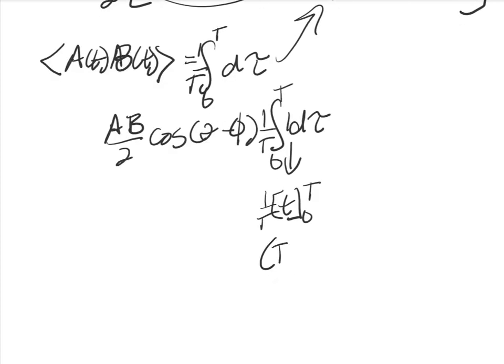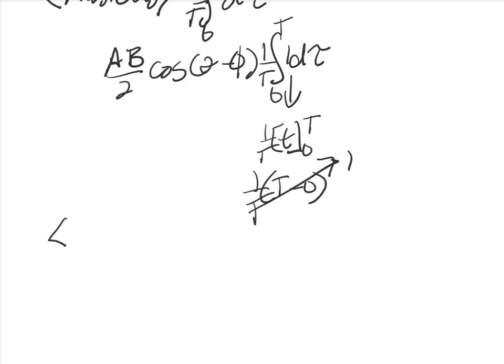That's just T, so the multiplier goes to 1. So we find that the average of a of t times b of t is just equal to AB over 2 cosine of theta minus phi.